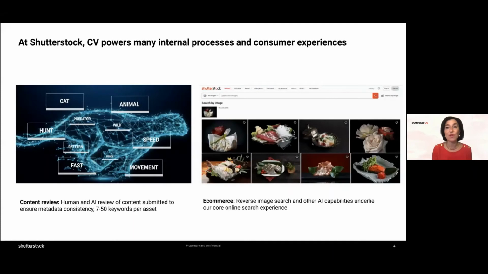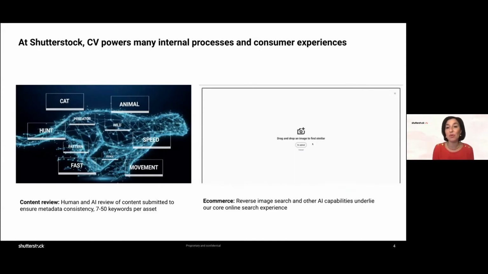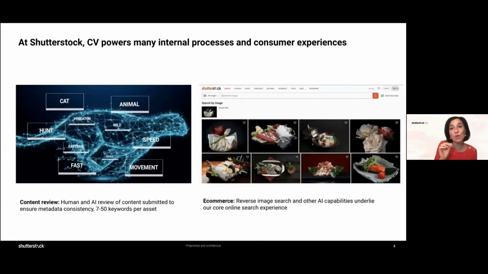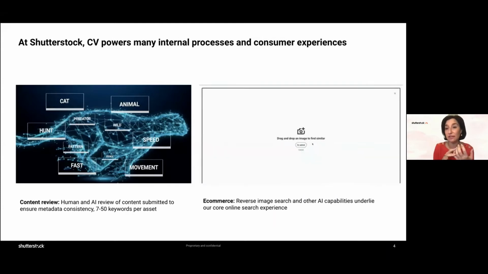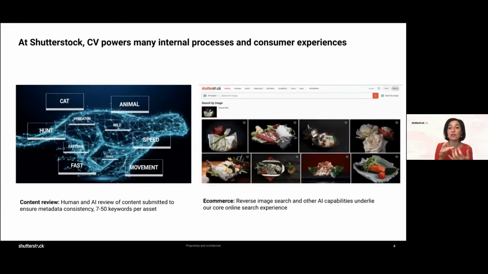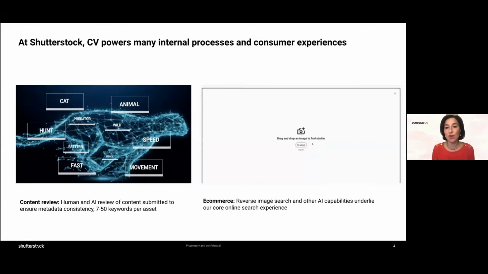So computer vision can help reviewers to accelerate the review process. Every single image has a title, a description, up to 50 keywords, and all those aspects need to be reviewed. So machine learning can automatically understand the content of the image, the technical style of the image, the technical quality of the image, and provide support to the human reviewer to simplify their job.